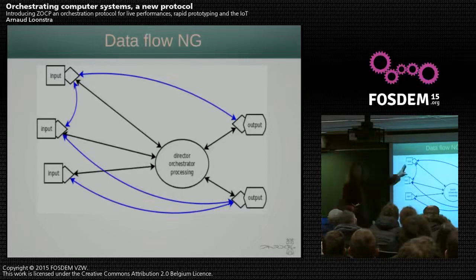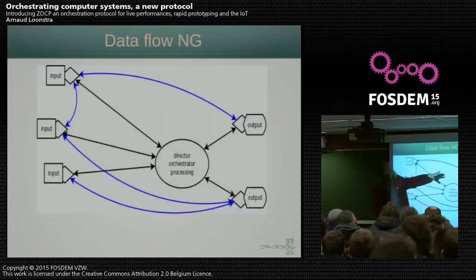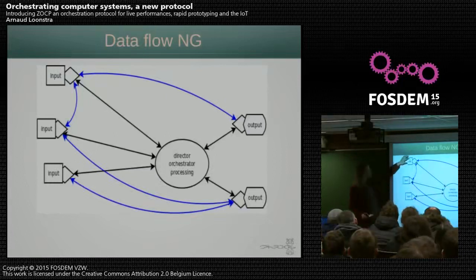And this is also a bit how ZOCP works, because I can control from a node other input, output nodes, whatever. And the challenging part is this one. You have to do some logic on the nodes, so you have to have smarter input and output systems. And this is what we're trying to build into ZOCP.